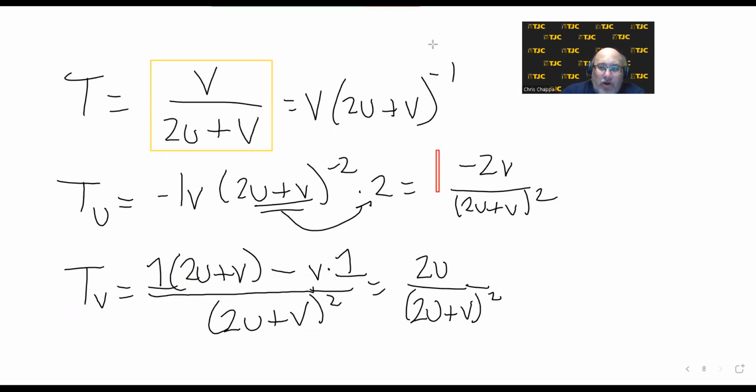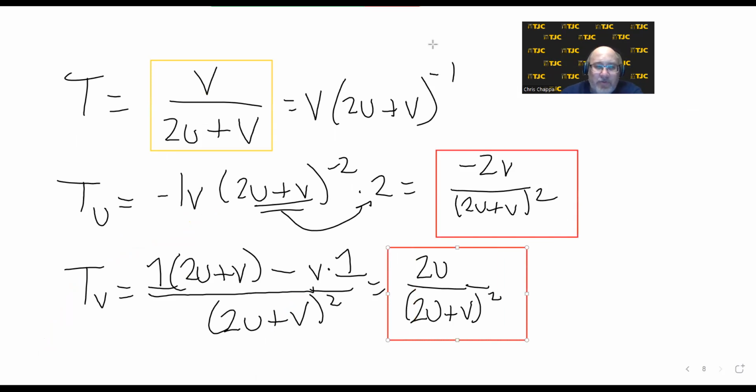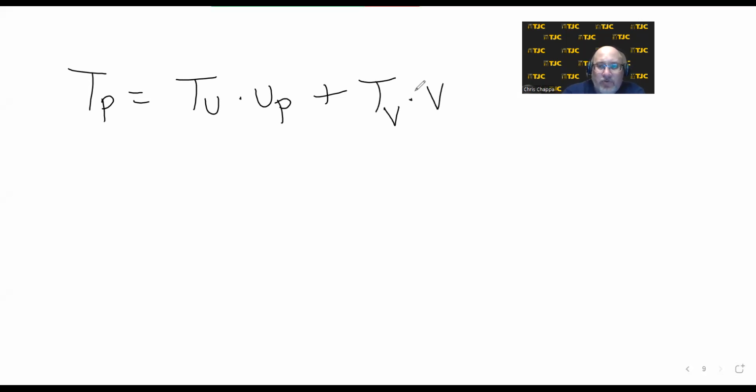And here are our partial derivatives of t with respect to u and v. So now I've just got to glue them all together to find the partial derivative of t with respect to p. The partial derivative of t with respect to p is going to be the partial derivative of t with respect to u times the partial derivative of u with respect to p, plus the partial derivative of t with respect to v times the partial derivative of v with respect to p.